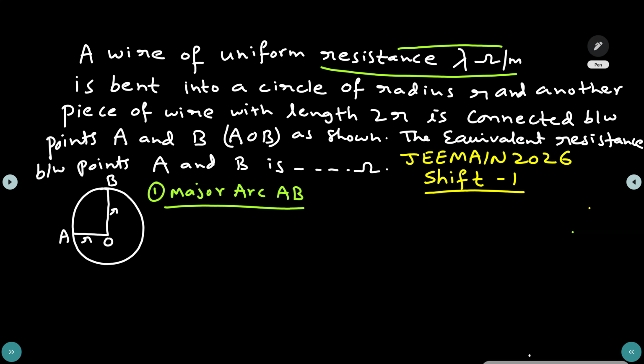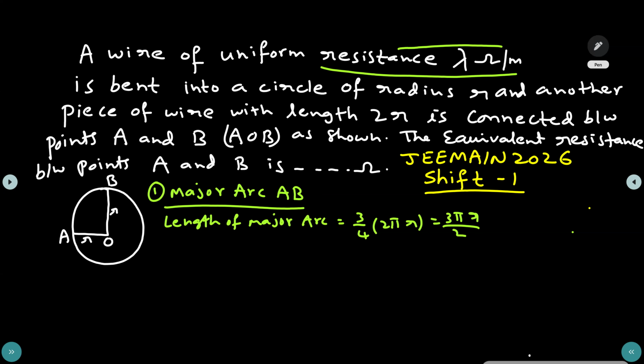Therefore, the length of the major arc is 3 by 4 of the length of the circle, which is 2 pi r, that gives 3 pi r by 2.